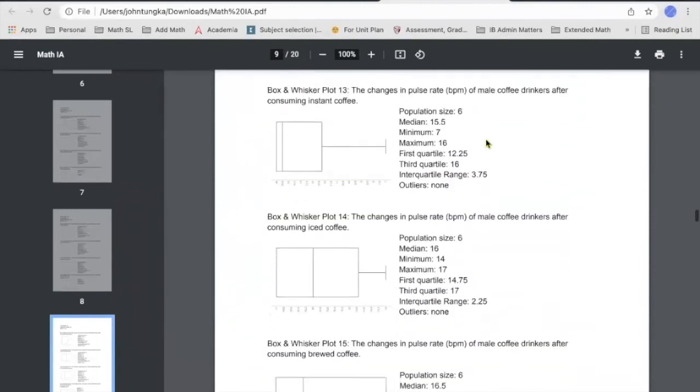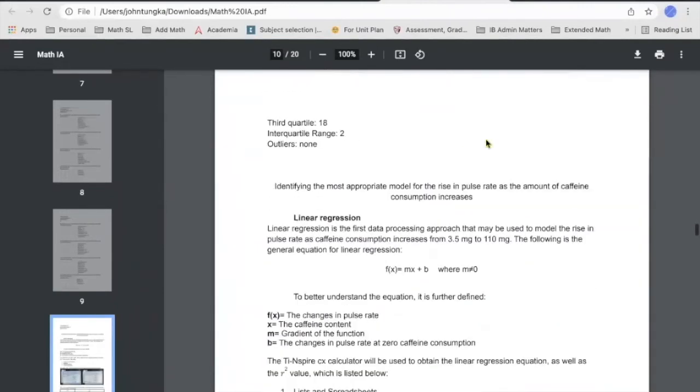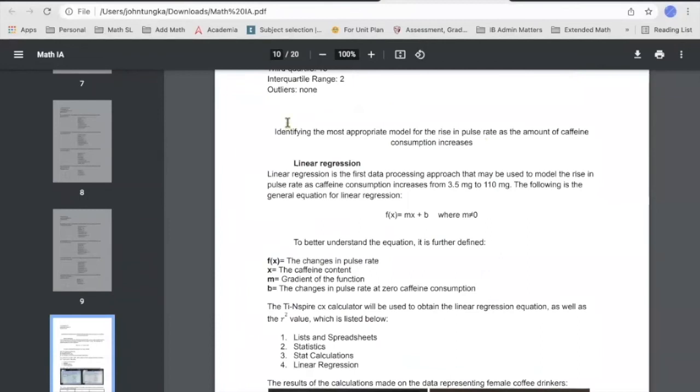Right now, is this the subheading? Yes. Identifying the most appropriate model for the rise in pulse rate as the amount of caffeine consumption increases.